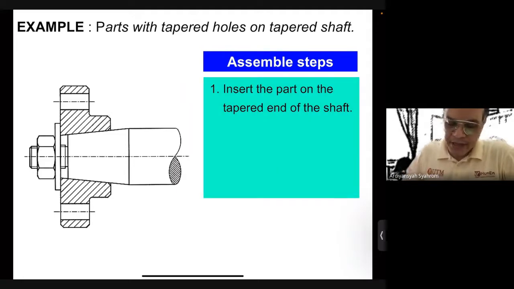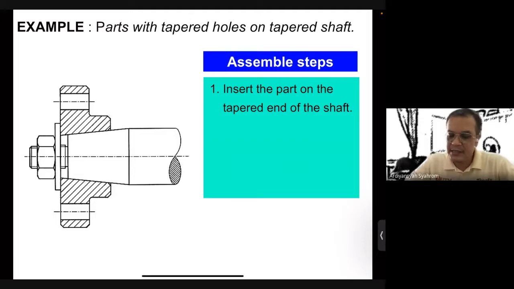Part with the tapered hole on the tapered shaft. The first is insert the part onto the tapered end of the shaft.